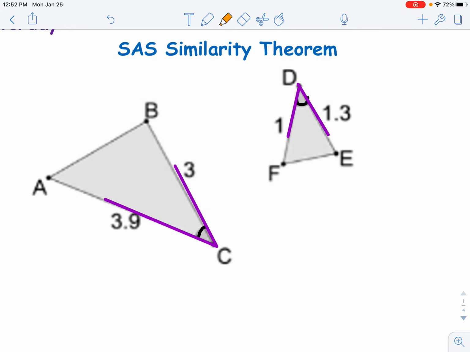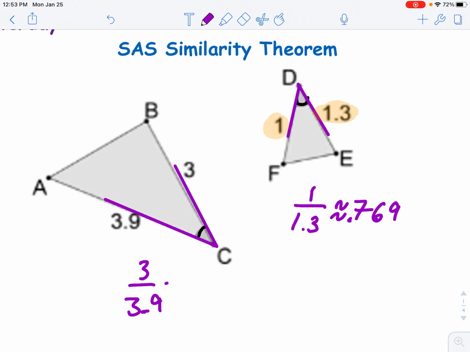Furthermore, I can see if sides are proportional. There's multiple ways I can do this. Let's just do small number over big number. What's 1 over 1.3? I have a trusty calculator, and it tells me this is some funky number, about 0.769.